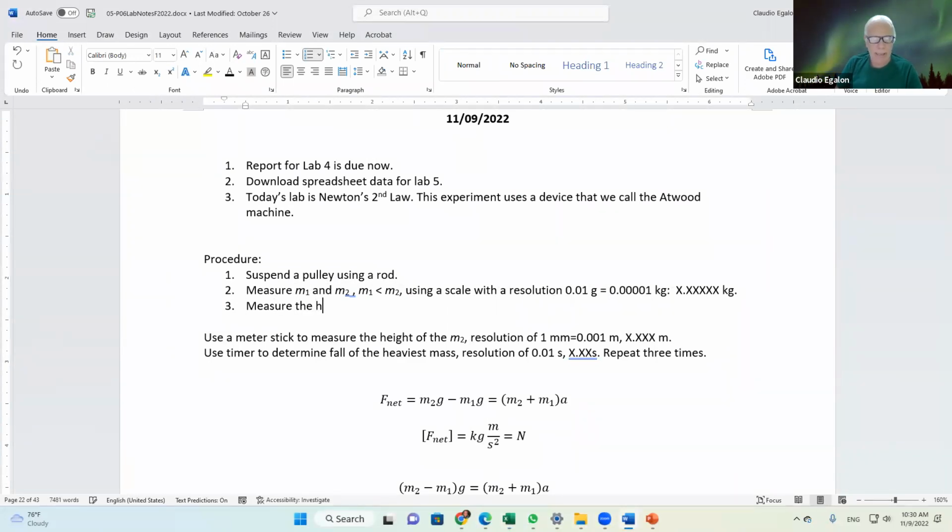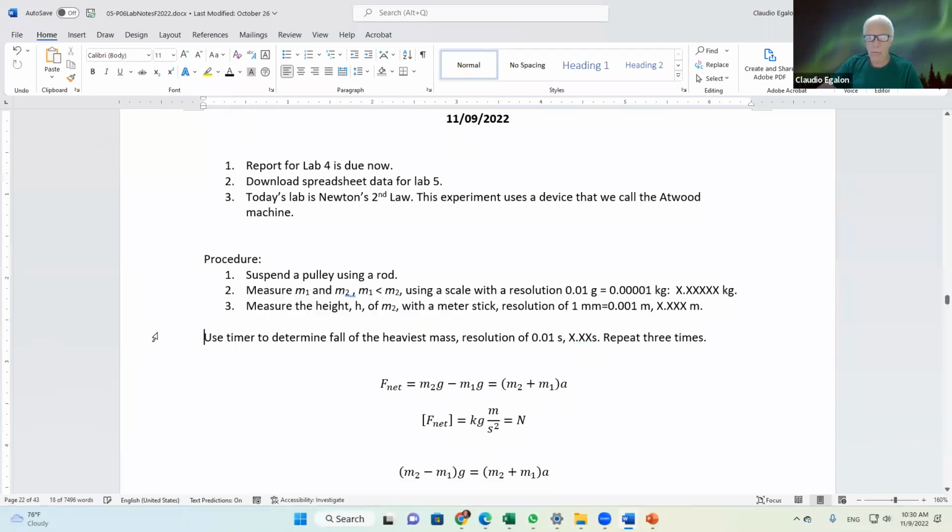Measure the height of M2 with a meter stick. With a meter stick, the resolution is 1 millimeter. Consequently, measure the height h of M2 up to the third decimal place in meters.